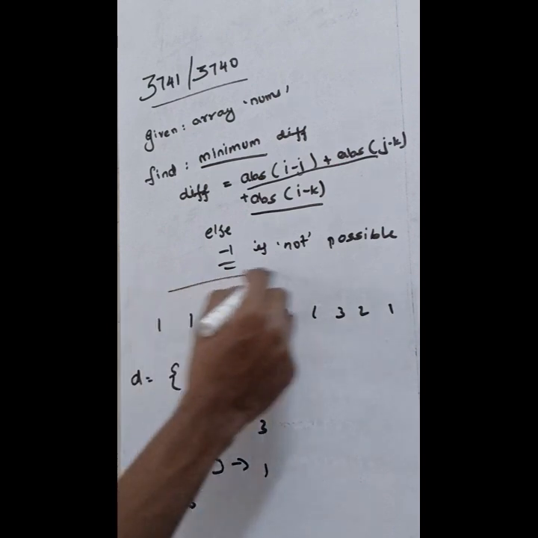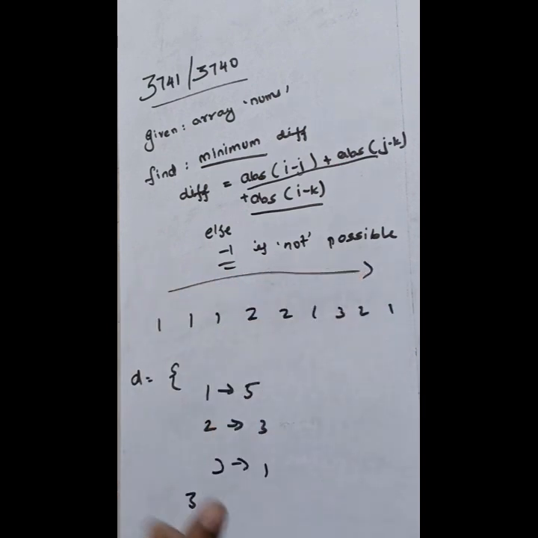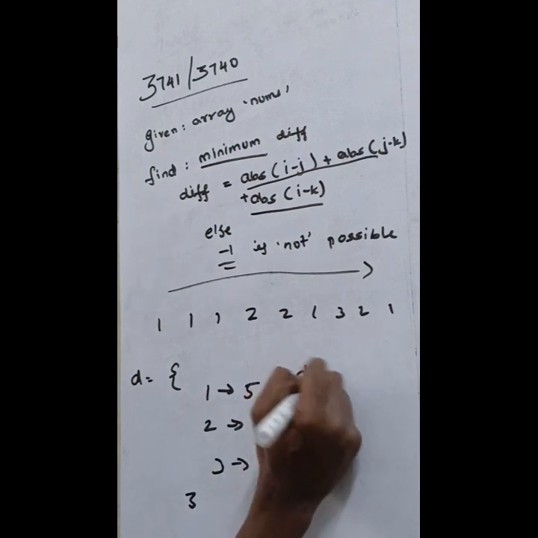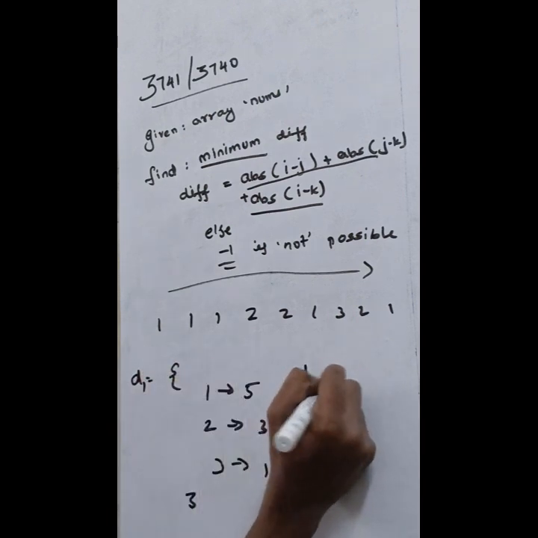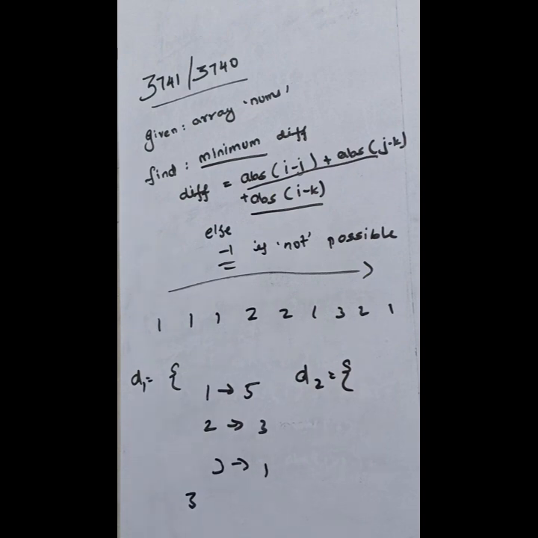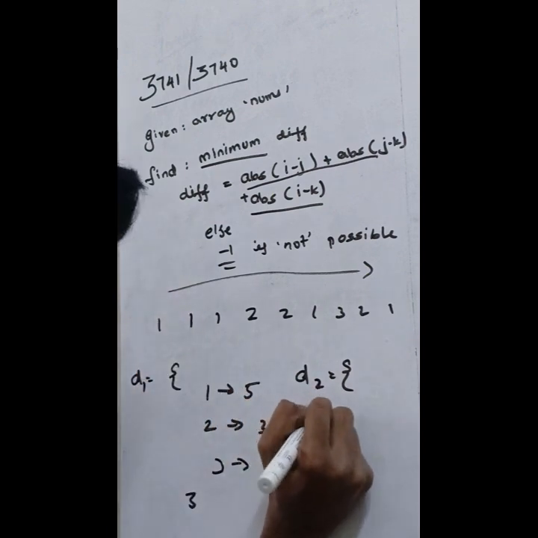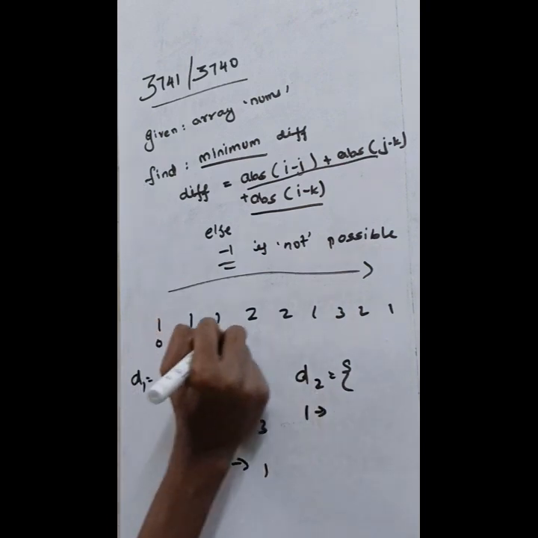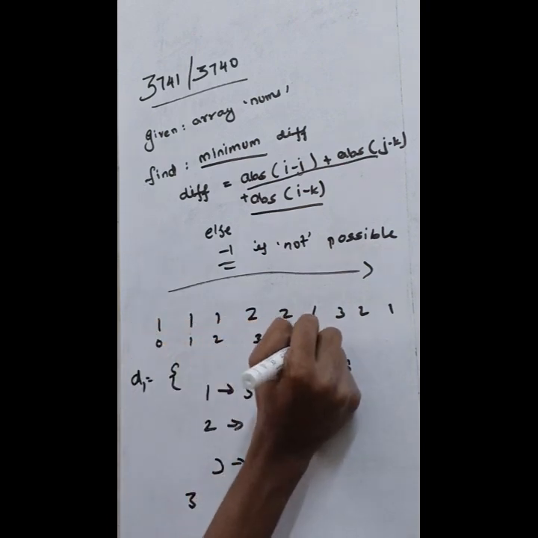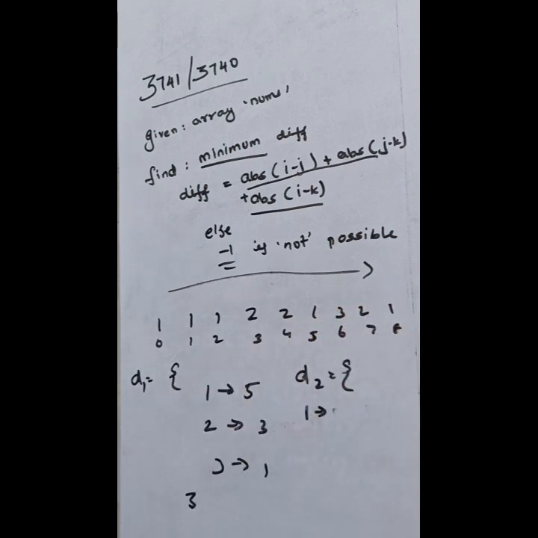Meanwhile, with a single run of the loop where we initialize the frequency, we can also keep another dictionary which stores the indices, the index position of all these elements. So 0 1 2 3 4 5 6 7 and 8.